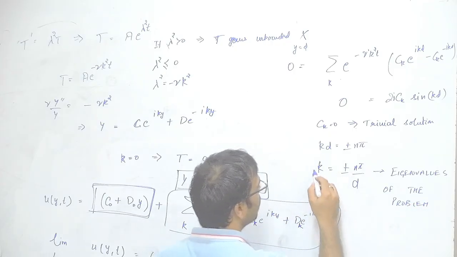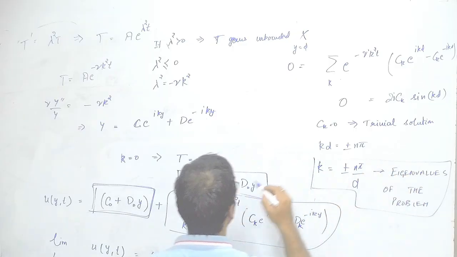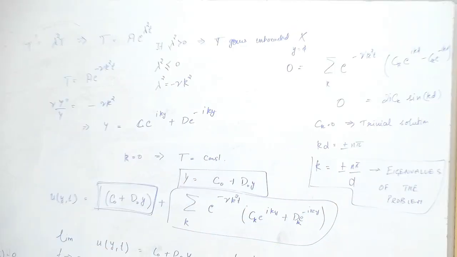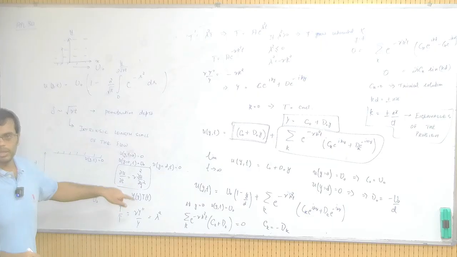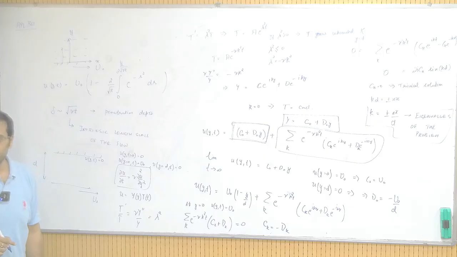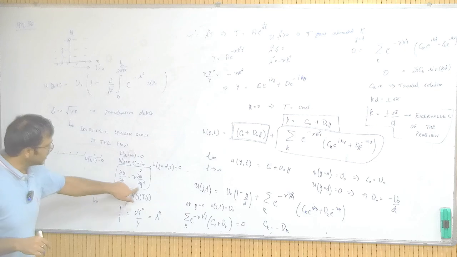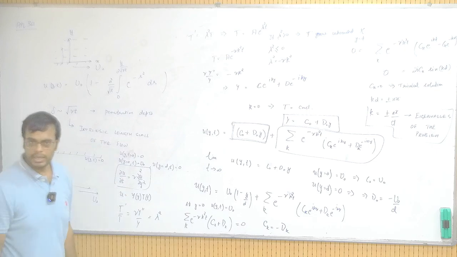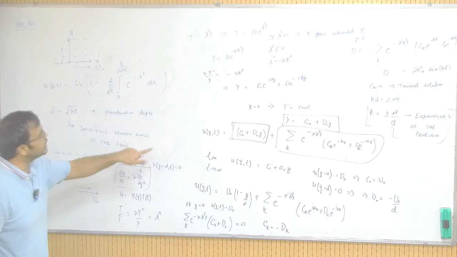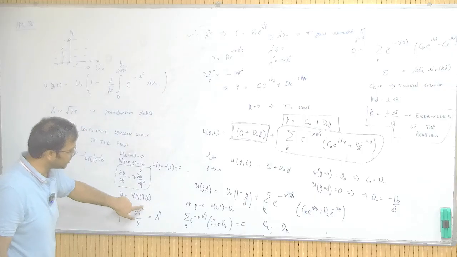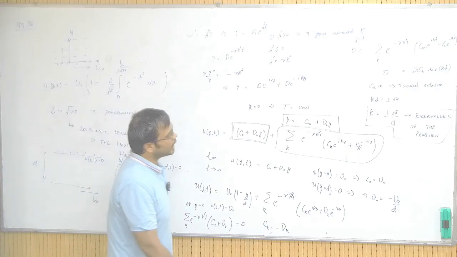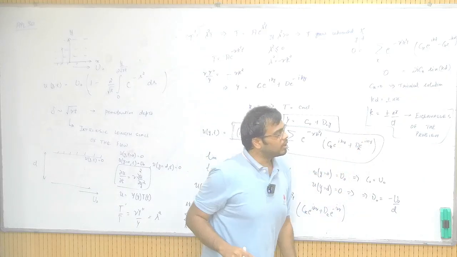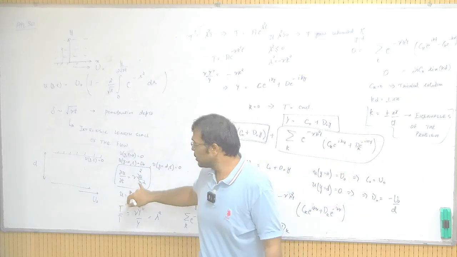The reason why they are called eigenvalues is because, as we will see later in the course, this can be written like a differential eigenvalue problem. Have you looked at Sturm-Liouville eigenvalue problems in maths? So this can be looked at like that. When I convert this PDE into ODEs by assuming separation of variables, I have basically obtained two eigenvalue problems, and these are the eigenvalues of the problem, not the equation.